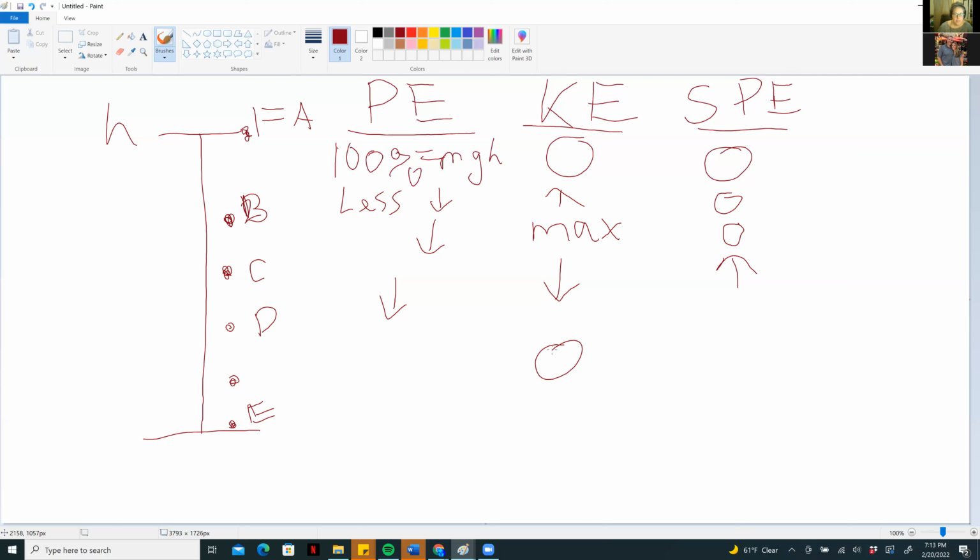Yeah. Well, the stopping is our kinetic. Our potential is directly related to our height. And the moment it gets to its lowest position, we've defined that as H equals 0. So what are we going to call our potential energy then? 0. 0 or minimum.